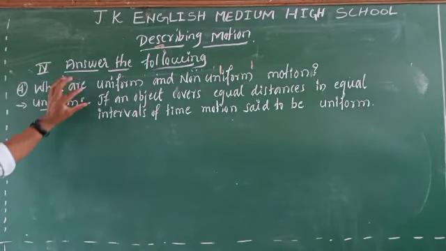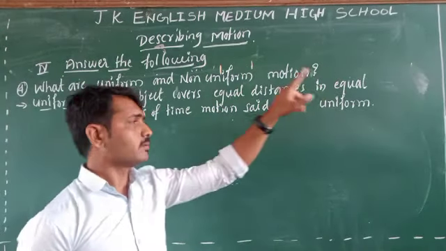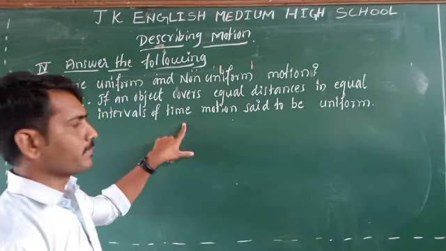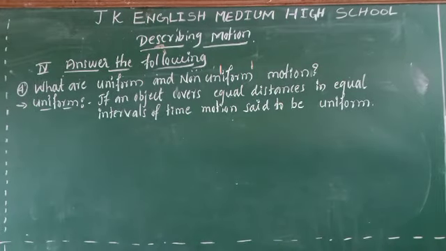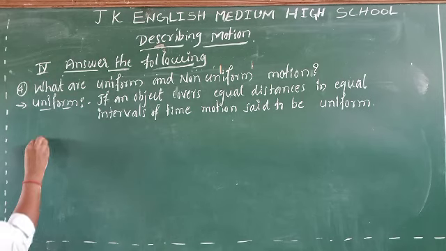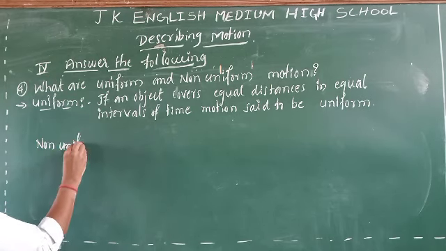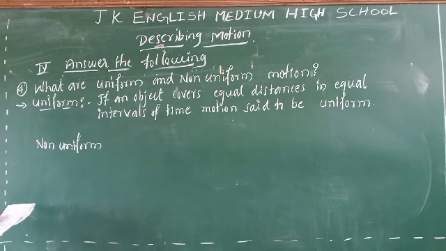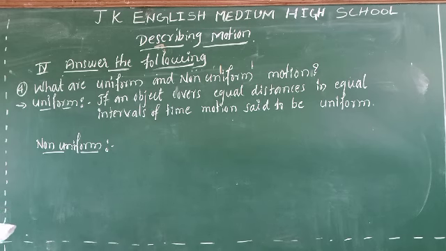Correct? If an object covers equal distances in equal intervals of time, then that motion is said to be uniform motion.